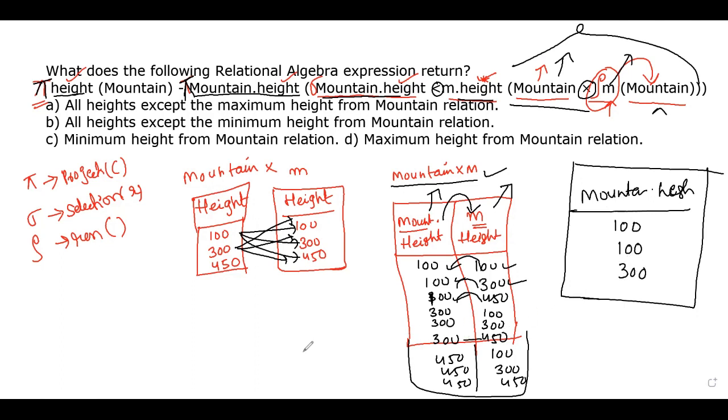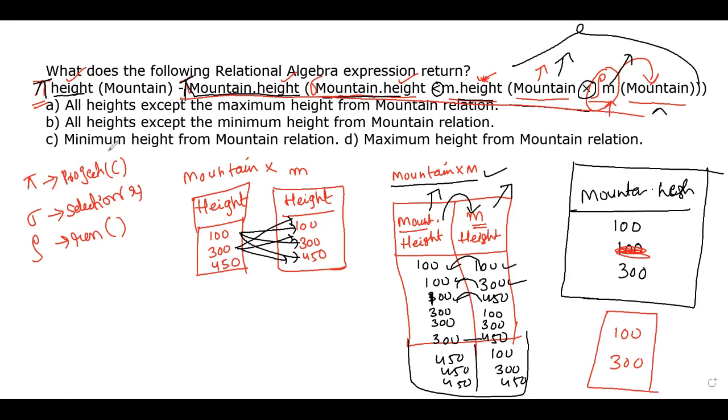Now the next one: 450 less than 100 false, 450 less than 300 false, 450 less than 450 false. So remember the final table what you have: 100 and 300.